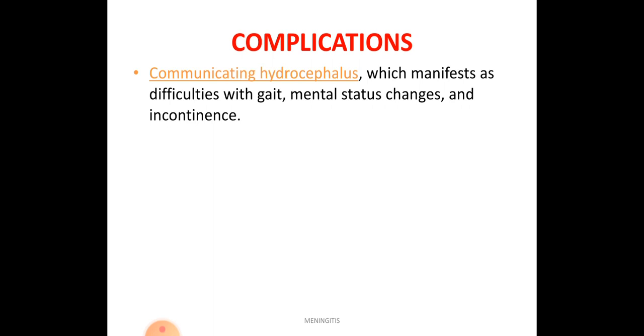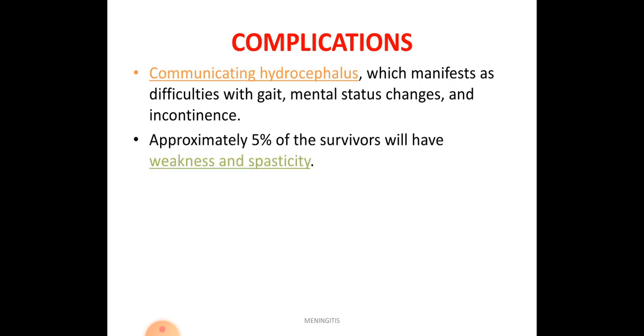We have already seen the normal MRI and MRI of hydrocephalus. So hydrocephalus occurs because of excessive CSF accumulation, and that will lead to compression of the brain. Okay, and clinically you will have different neurological features. Now, 5% of the survivors may have lifetime weakness and spasticity. That is possible.